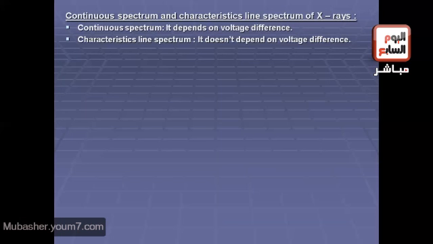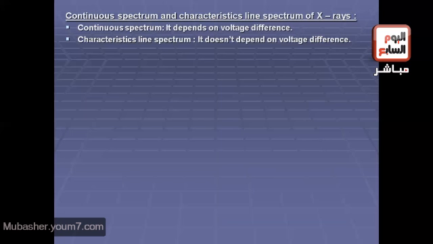But the characteristic line spectrum is generated by an accelerating electron colliding with a closing electron near the nucleus of the atom of the target. So the characteristic spectrum doesn't depend on voltage difference, it depends on atomic number. Yes, the atomic number of the material of the target. That's right.